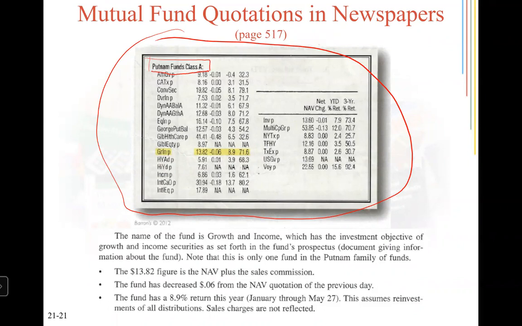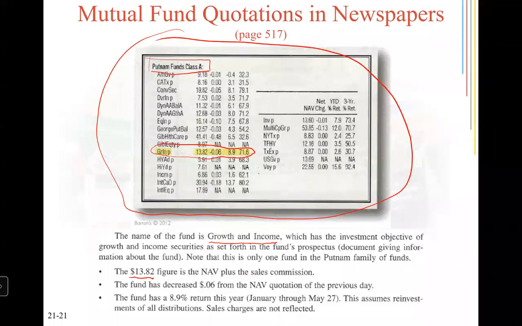And then within that, you have several. So it says that the name of the fund is Growth and Income. So they highlighted a section here and it's abbreviated. So it says Growth and Income, but it's abbreviated GRIN, GR for growth, IN for income. All right. And so the first column tells you the net asset value, which is $13.82.